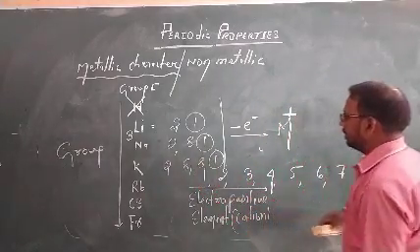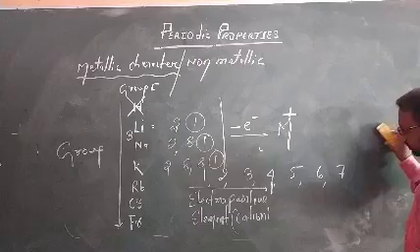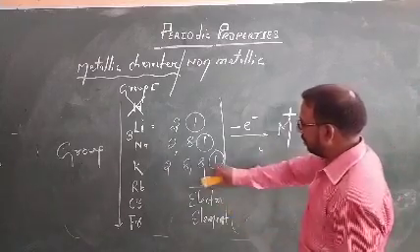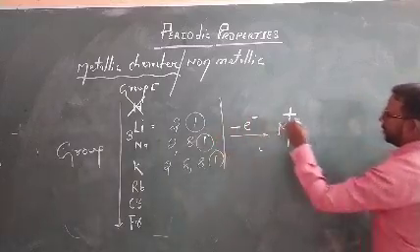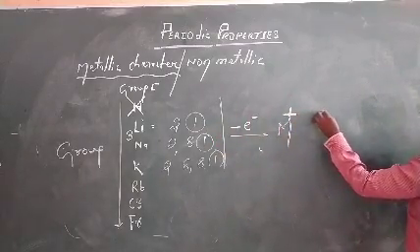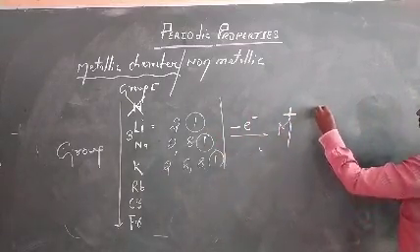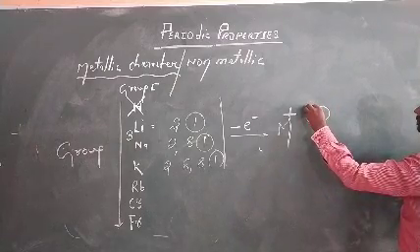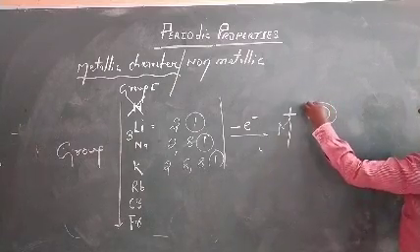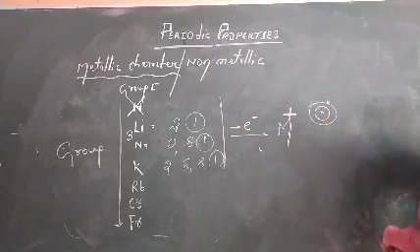Again, I am going to talk about the metallic character in a group. You can see in the drawn picture: lithium has 2 shells, with 1 electron in its valence shell.